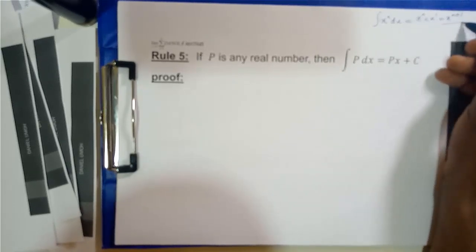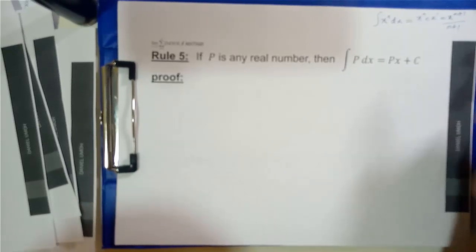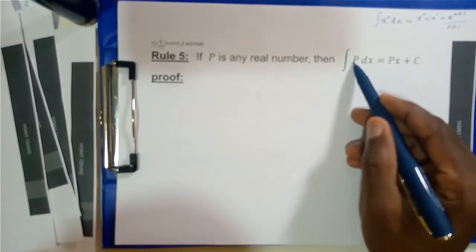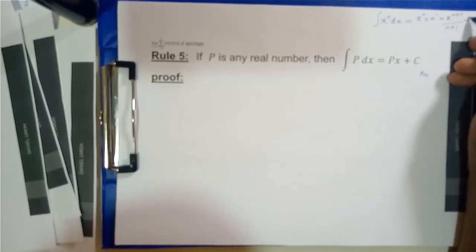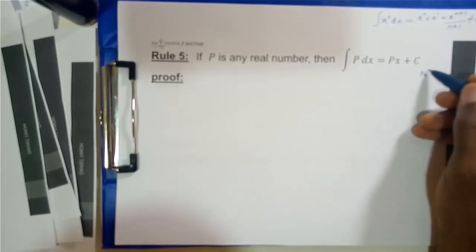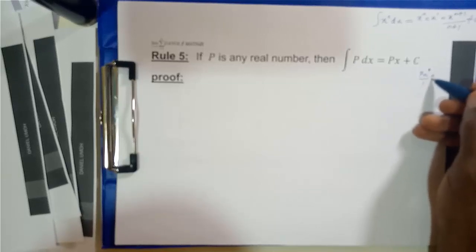Then this d is like dropping down the power. So the same thing is applicable here. P times x gives me px, right? Remember this plus c. Px raised to the power of 1 over 1 plus c.